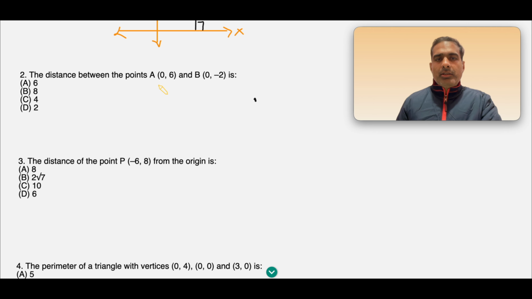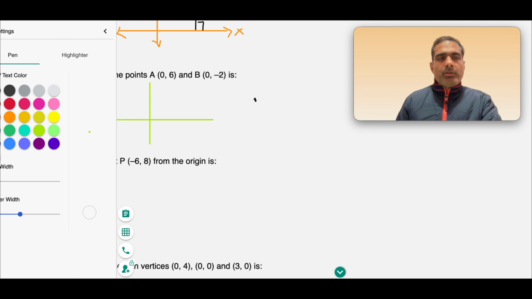If we think about the point A(0, 6), the x coordinate is 0, and in the point B also the x coordinate is 0. So both the points lie on the y-axis. If we try to visualize this problem, (0, 6) will lie 6 units above the origin.